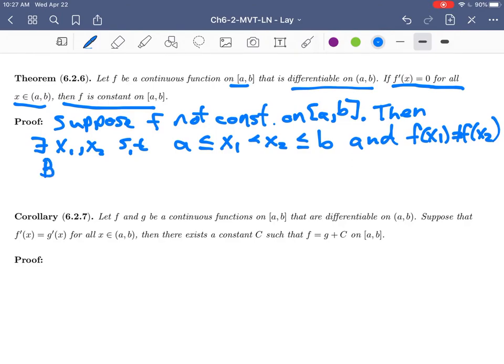But then we could apply the mean value theorem.